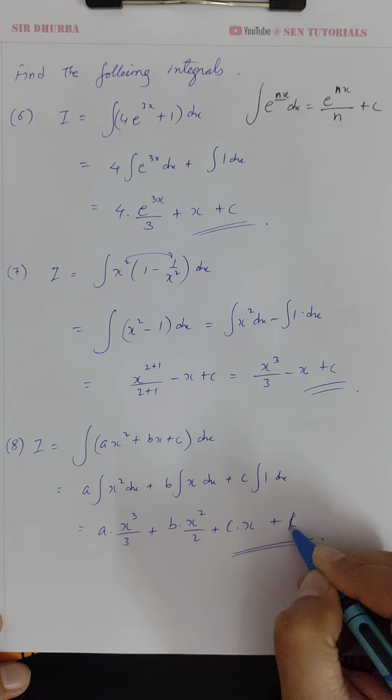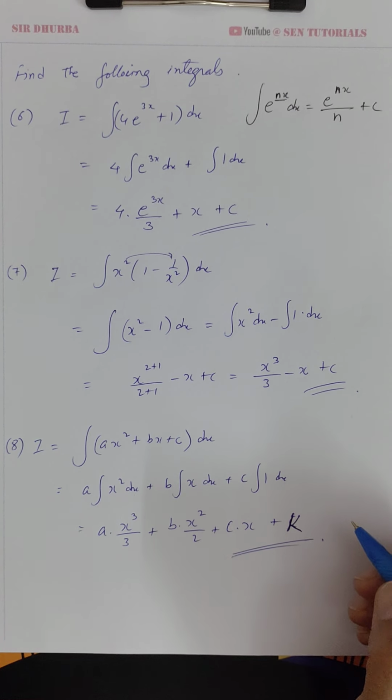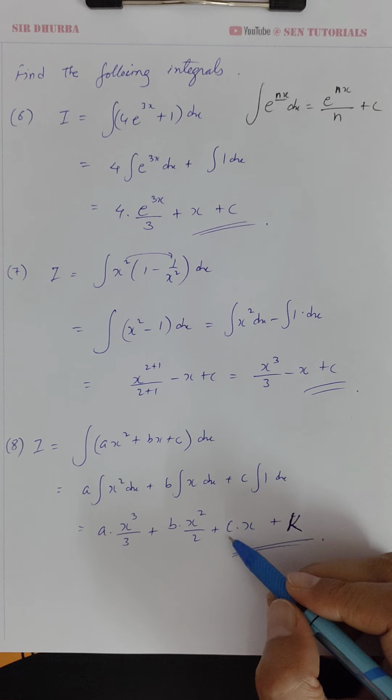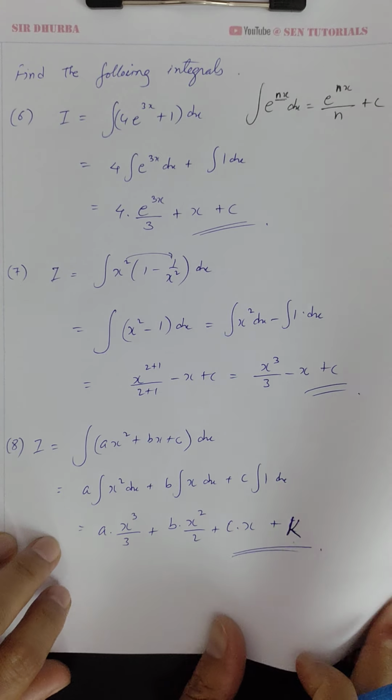Since we have c, let's just use K here. It's not compulsory that you use c. A constant is a constant, but we already have a term c here. Small or capital letter doesn't matter. So let's just use another integration constant K.